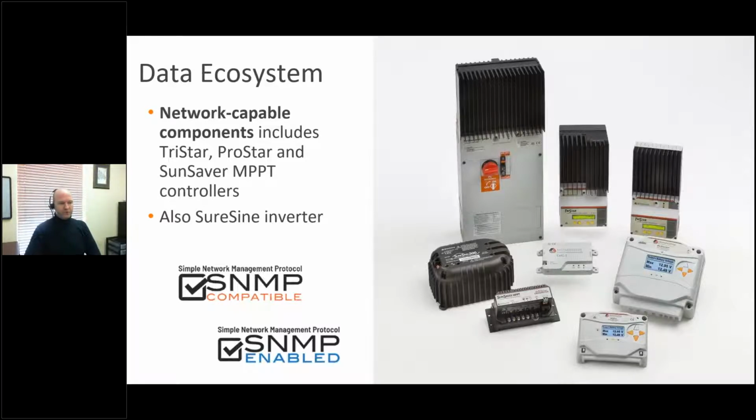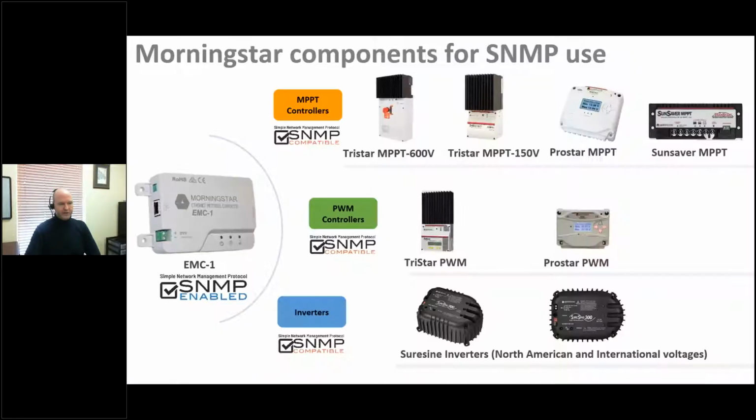And all of these products are SNMP compatible, and they are enabled for SNMP using the EMC1 adapter, which is shown in the middle of the photo there. And you can see that the enabled product, the one that actually runs the SNMP agent, is the EMC1. So that's got the processor and the communications capabilities and the Ethernet link to provide that. And then it connects to all of the products seen on the screen here to give them the ability to be pulled via SNMP.